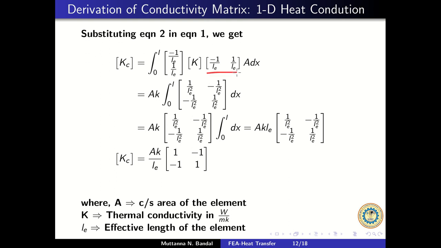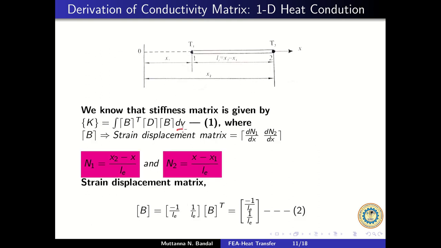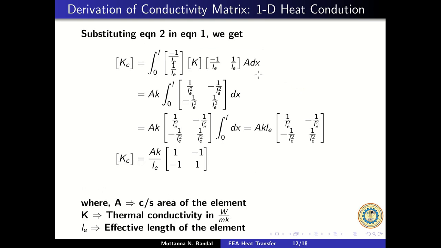And this was the B matrix. So A into dx will give the volume. This dV, the delta volume, is given by A into dx.